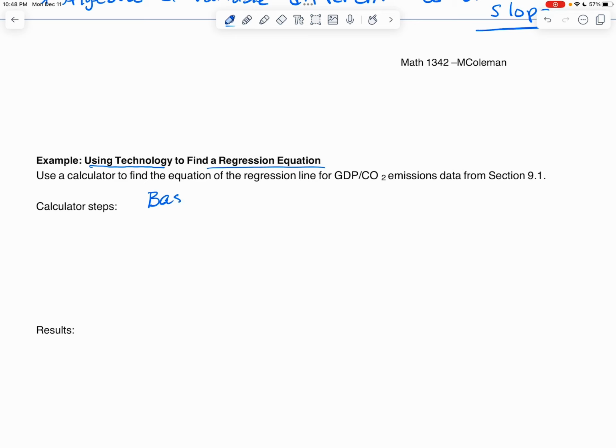So calculator steps, again, basically we already did this. But just as a refresher, we're going to hit Stat, Enter, and we're going to enter the data, X values into L1, Y values into L2.